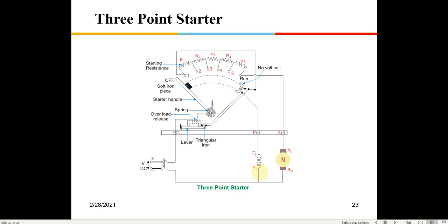So by this coil getting energized and pulling this rod, after a few seconds when it reaches the run position, full voltage is applied across the armature, and in the field, in series, there is this resistance. The field current is now reduced, because the motor has already started and you don't require that kind of torque, and the armature gets the full voltage.